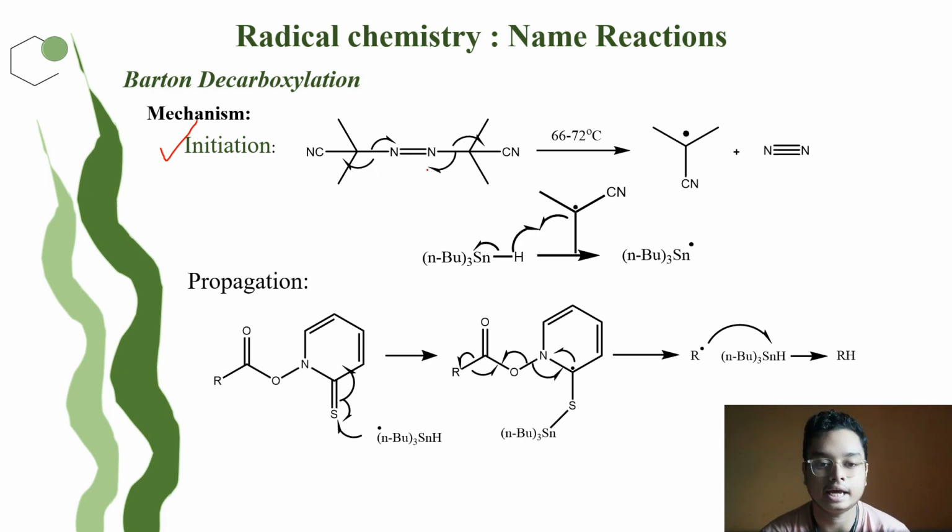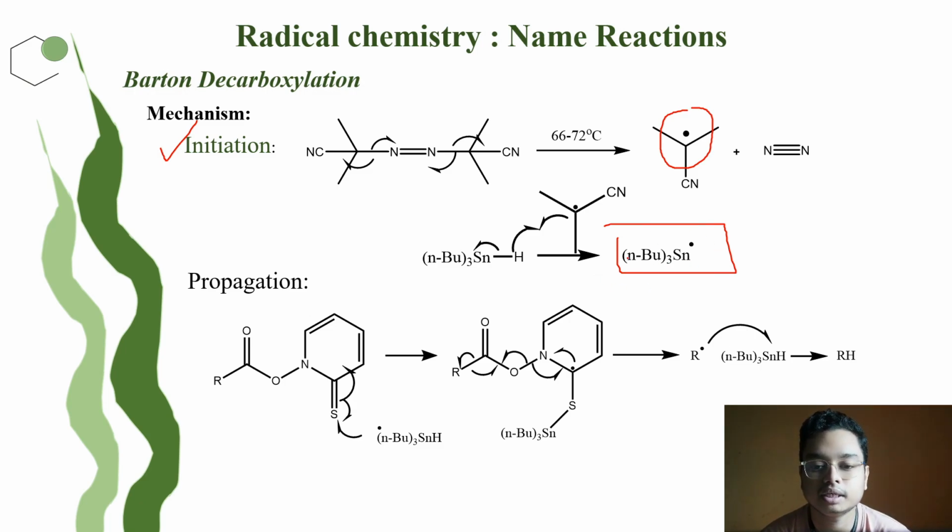This AIBN initiates this radical, and this radical will propagate the chain reaction, because this radical will react with this tin hydride complex to generate this radical, and this will be the radical of interest in the propagation pathway.